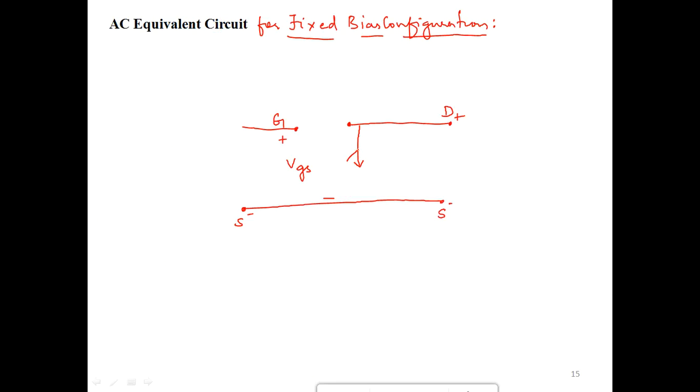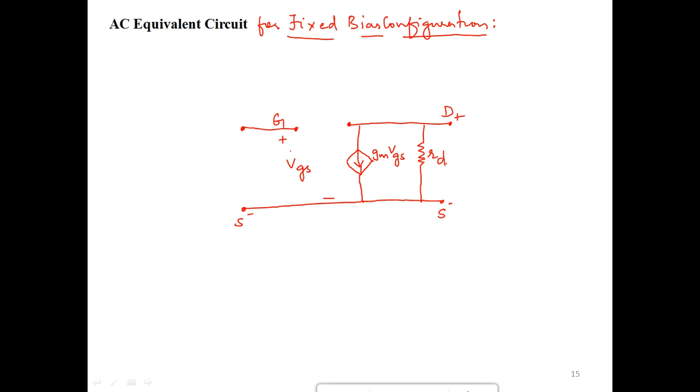That's a voltage controlled source, which is being represented by gm VGS. Then in parallel to it, we have the output impedance denoted by the symbol rd. So that is the AC equivalent of JFET.